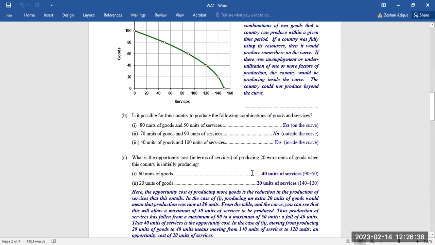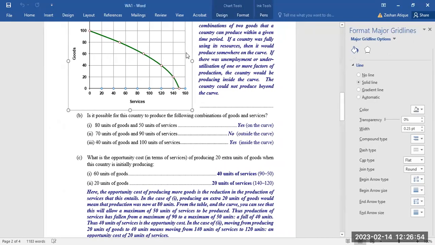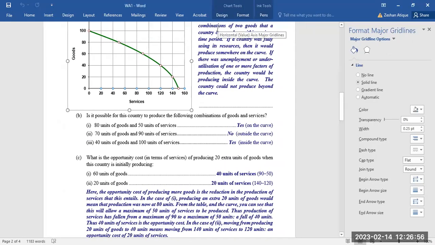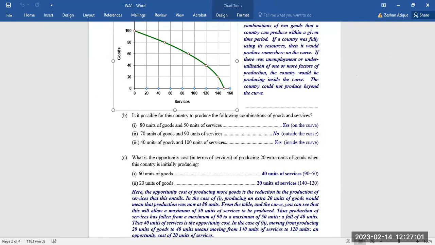Now, if you are producing 60 units of goods, it means that you are here somewhere. 60 units of goods you are producing here.